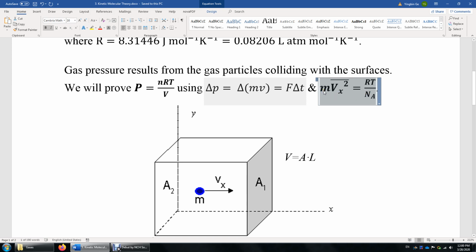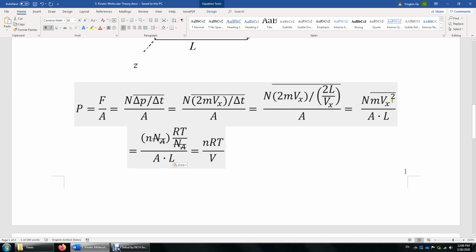So the average mvx squared is equal to RT over N sub A. So I'm going to just highlight this RT over N sub A here and replace the average mvx squared with RT over N sub A. At the same time, we look at the number of particles and realize that it's just the number of moles of particles multiplied by the Avogadro constant N sub A. So we have this N sub A on top, this N sub A on the bottom. They cancel. The result is nRT over V. So pressure is equal to nRT over V.